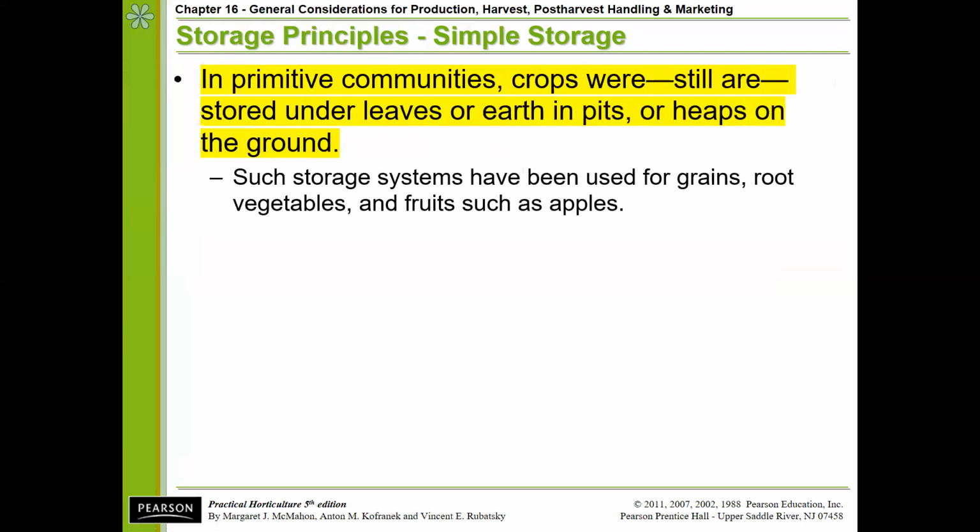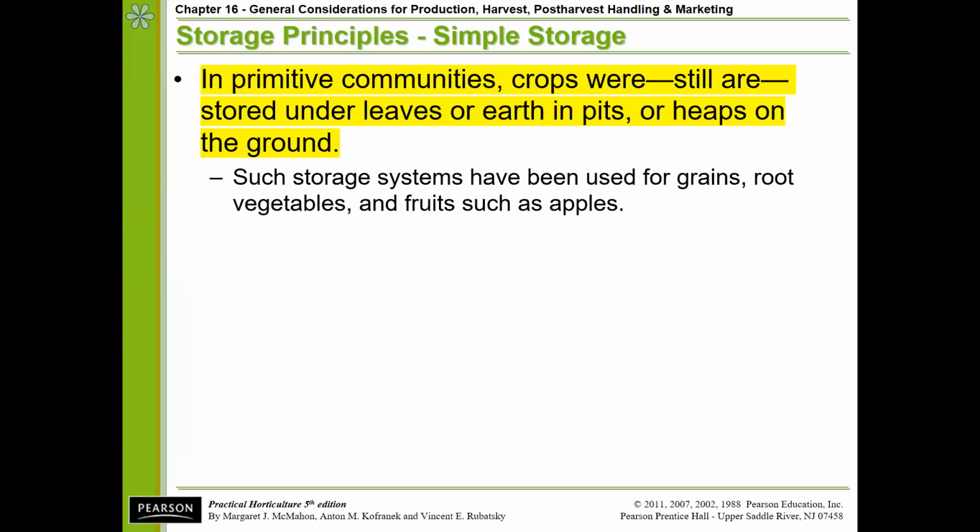In some cases, there are still more underdeveloped regions of the world where they still store produce, crops, under leaves or in the ground, in dug pits, and sometimes in heaps on the ground.